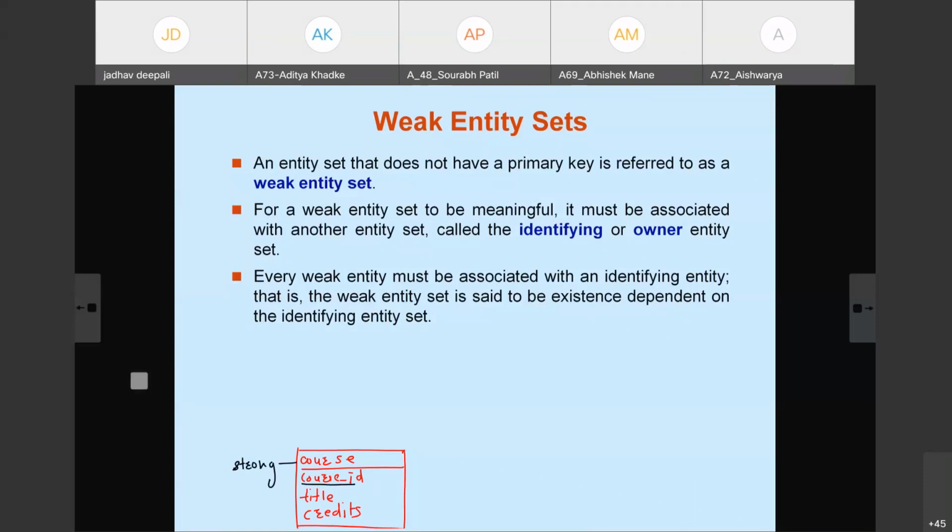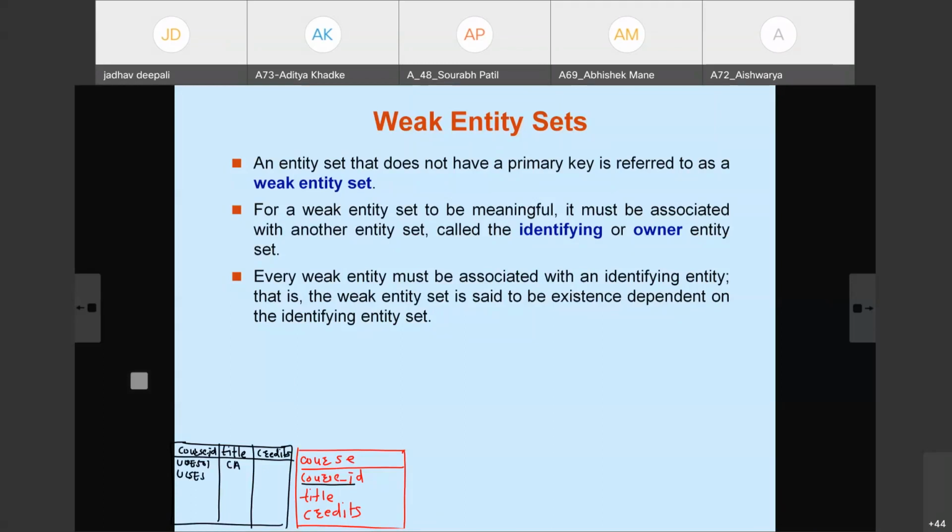For example, when we represent course in table form, how do we represent it? One minute, I draw here. Course ID, then title and credits. In our case, UCSC 501, I think the title of the course is, I write here, computer algorithm.